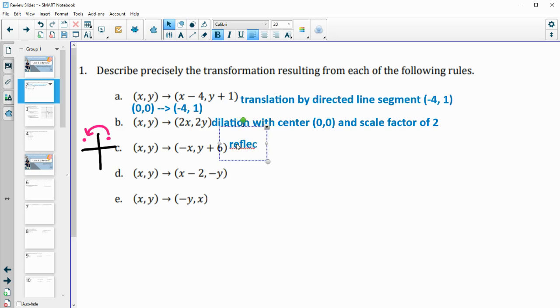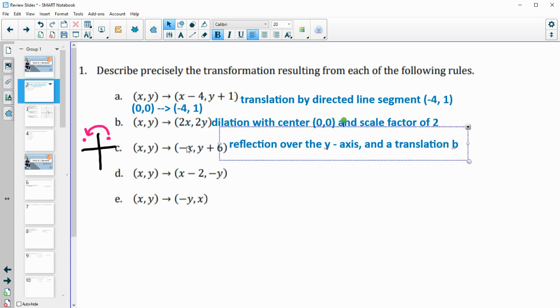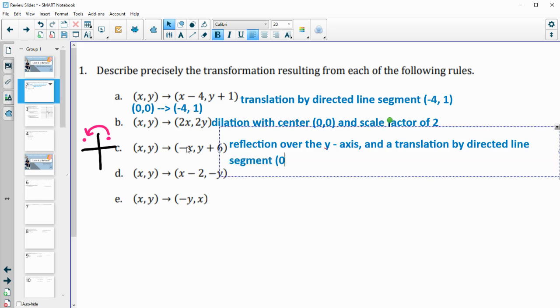So this will be a reflection over the y-axis, because of that negative in front of the x, and a translation by directed segment 0, 6. So then we're also moving up 6 units with this +6 on the y.